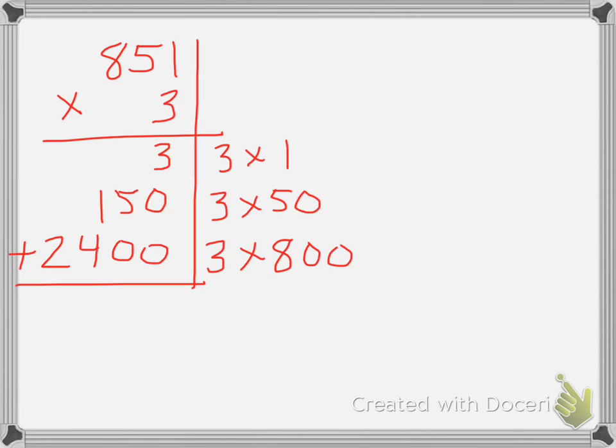My last one is 2,400. Alright, now I can go ahead and add my stack. End up with 3 ones, 5 tens, 5 hundreds, and 2 thousands. 2,553.